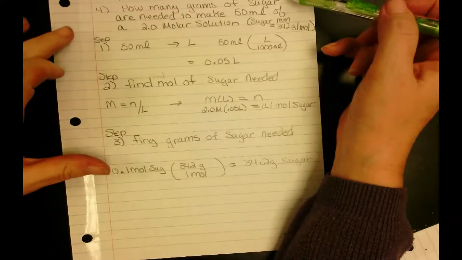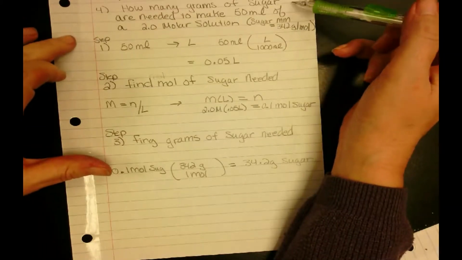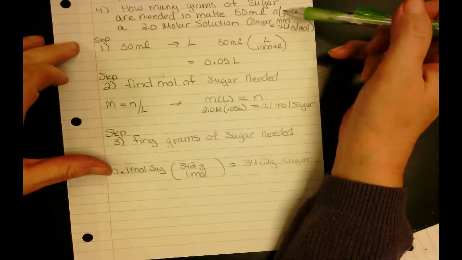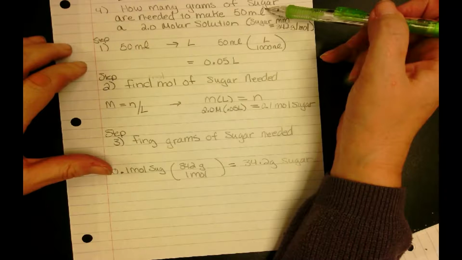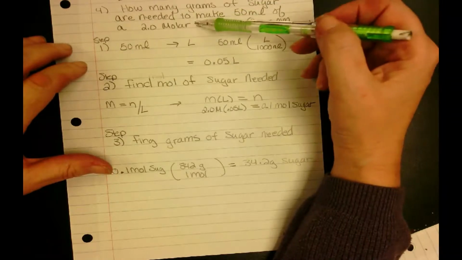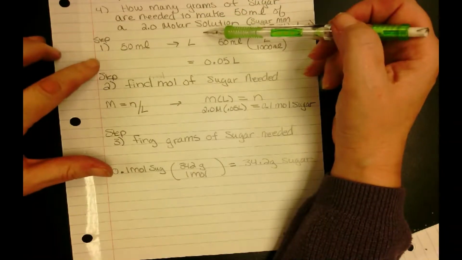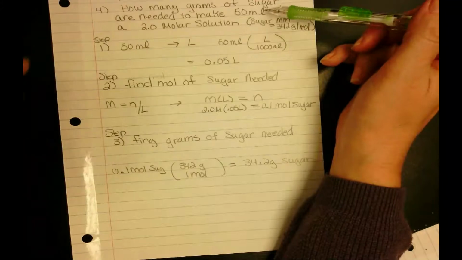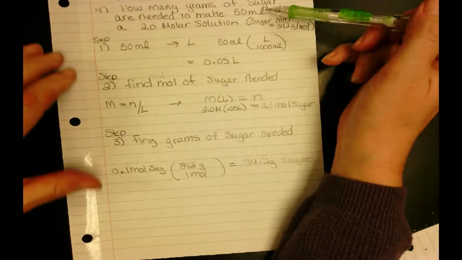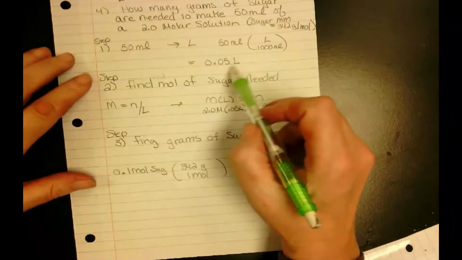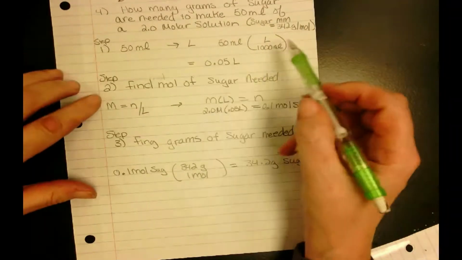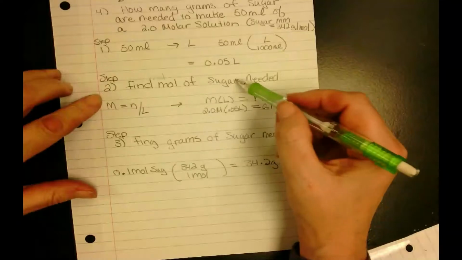So how many grams of sugar are needed to make 50 milliliters of a 2 molar solution? So I have my milliliters, I have my volume, and I have my molar solution. So the first thing we need to know is molarity is moles per liter. So I have to convert milliliters to liters to get there. Okay, so I get 0.05 liters, and then I need to find the moles of sugar needed.